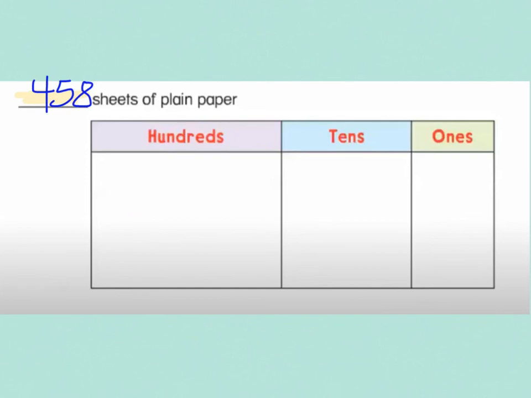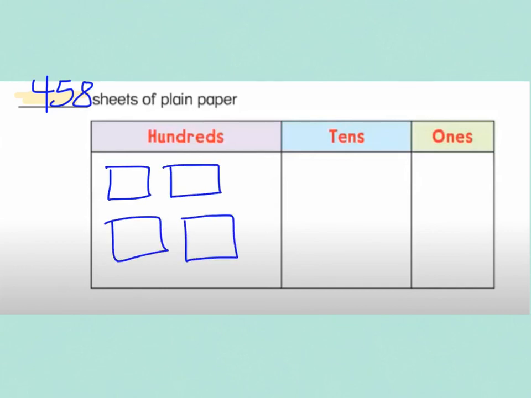Now let's show that with a quick picture in the correct spot of our place value chart. 4 hundreds, 5 tens, and 8 ones. Now when we look at this, we can see the value of each digit. If I was to ask, what is the value of this 4?